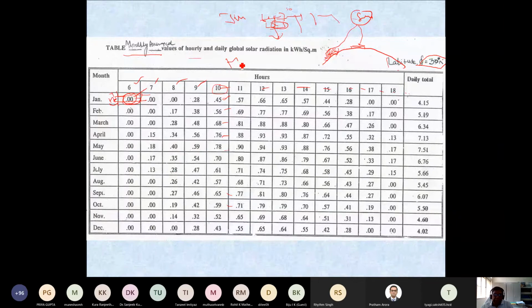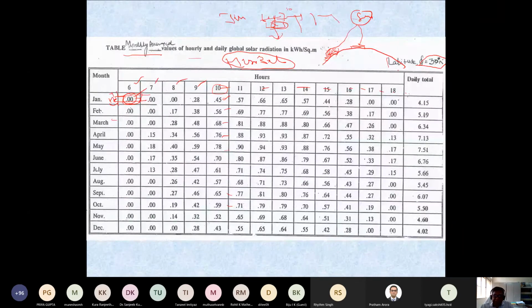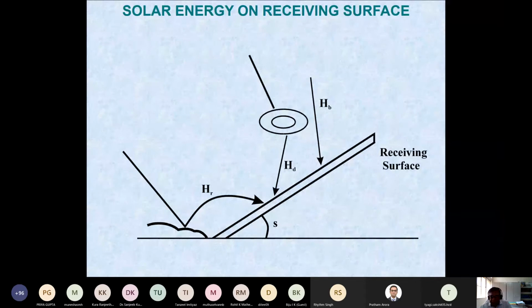I have to use these at different tilt angles of my receiving surface or my system. So that is the problem. Now there's the exercise. I have to convert this data to the tilted surface or the tilt angle. That is the thing, and in layman's language I can tell you the concept.